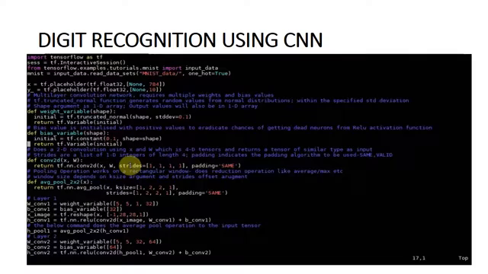By default it takes the NHWC format, which means the stride takes the data in the order of batch, height, width, and channel. The next argument is padding.